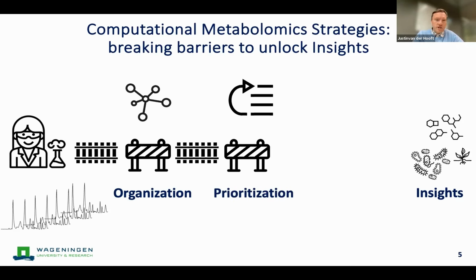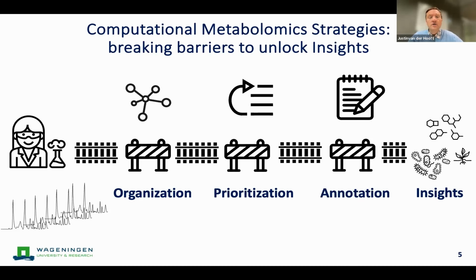Then the prioritization. So how do I know what is relevant? How do I know which samples and features are of most interest for me? And then in untargeted metabolomics, annotation is and will probably be one of the main attention points and focus points for the foreseeable future, as many of the features we see, we still need to annotate.